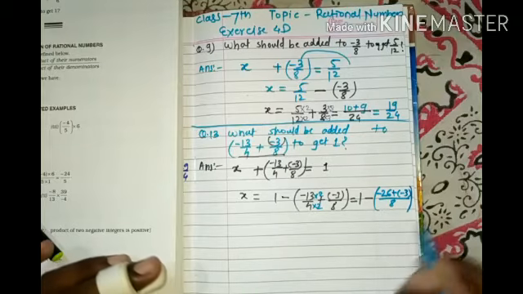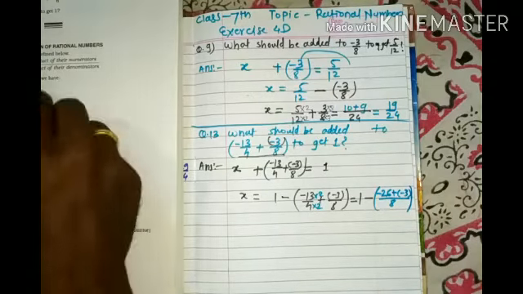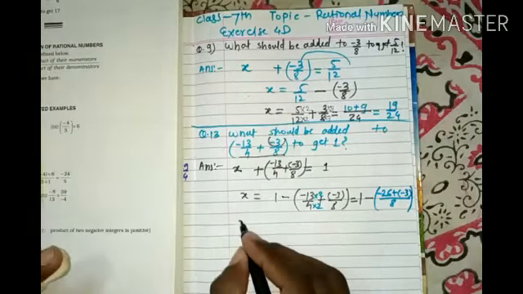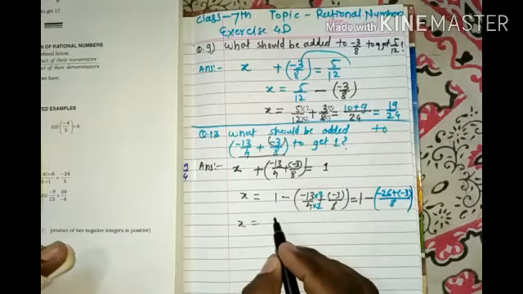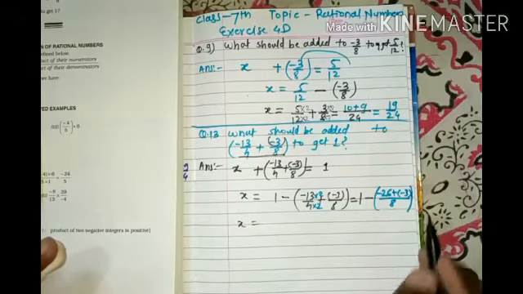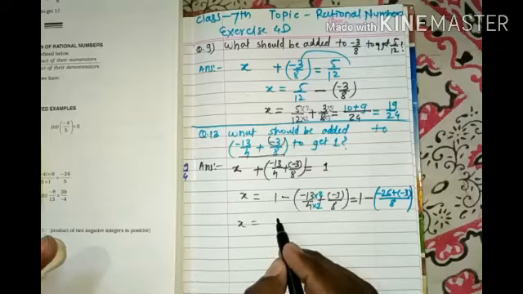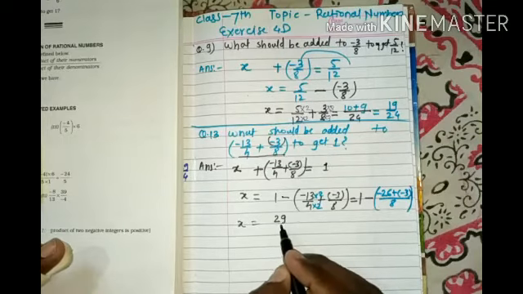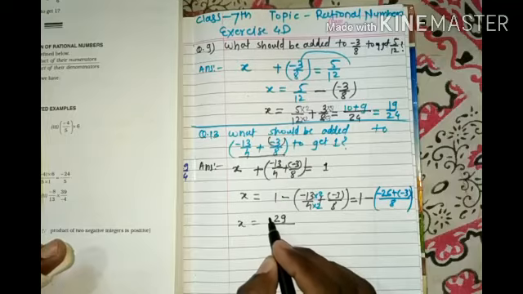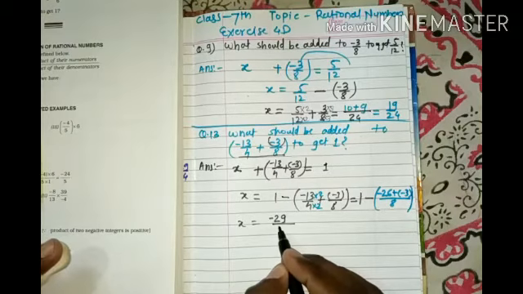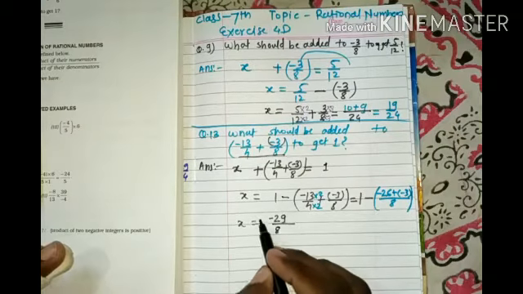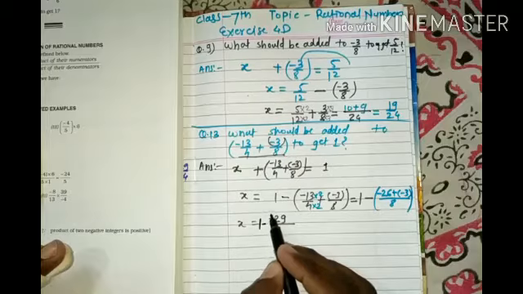This step is most important, don't skip such a step. Now, when both integers are of the same sign, we will add. So 26 plus 3 is 29, and we give the common sign, minus, over 8. But what is left? This 1 is left, so I will write here 1.